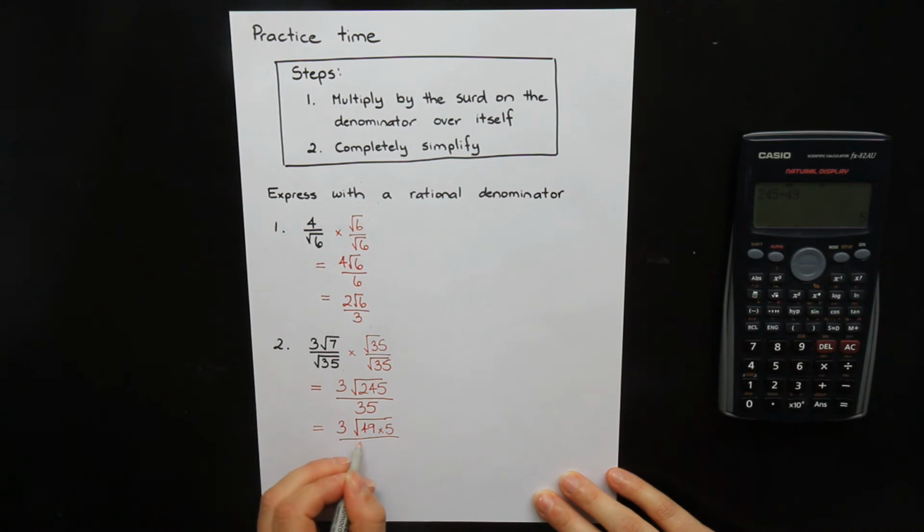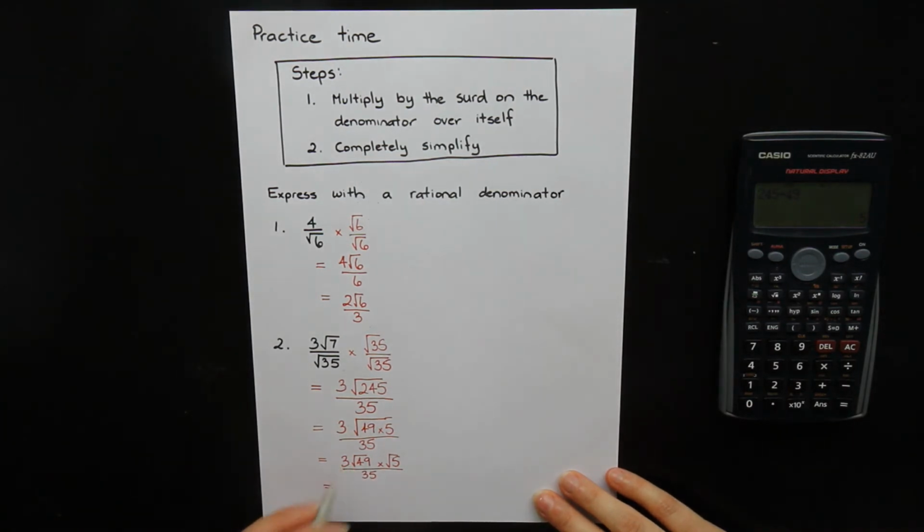I still have over 35. Then I can split my surd. So 3 square root 49 times square root 5 over 35. The square root of 49 is 7. 7 times 3 is 21, square root 5 over 35.